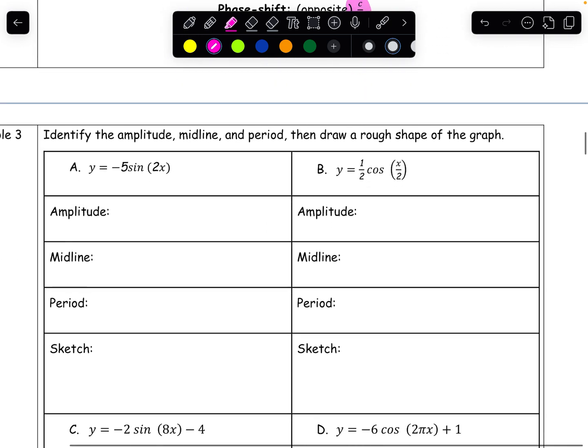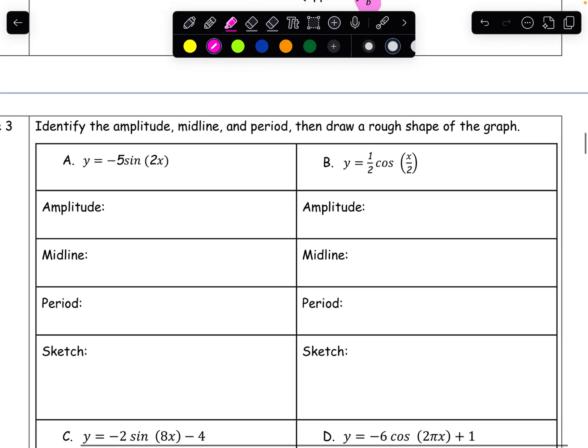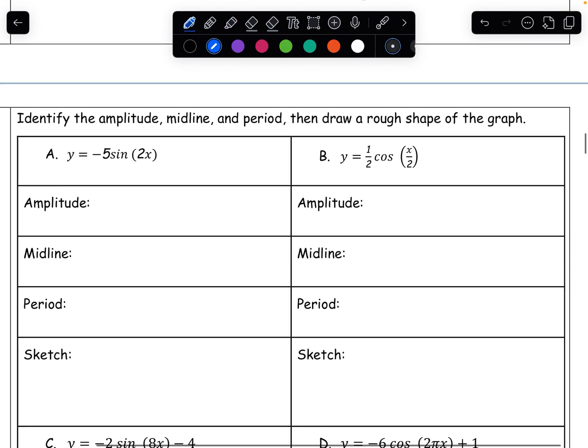Okay. So what we're going to do is not graph, we're going to talk about all these pieces. So here's our A sine of BX. Our amplitude is 5 because, in a sense, it's the absolute value of that value.